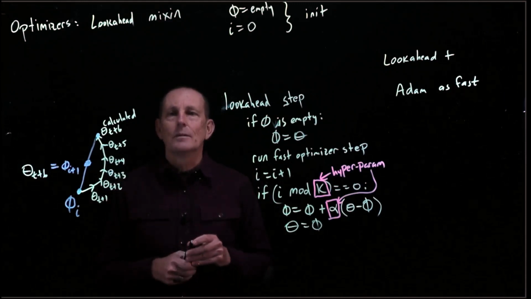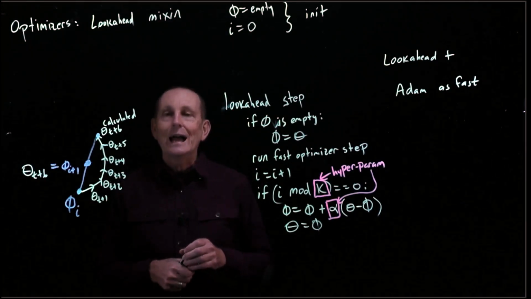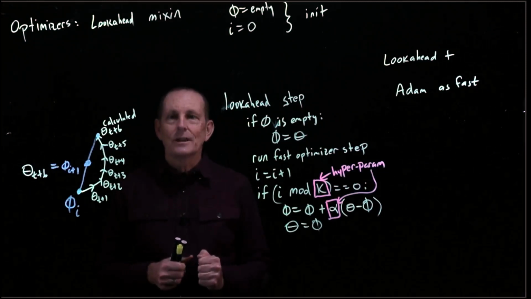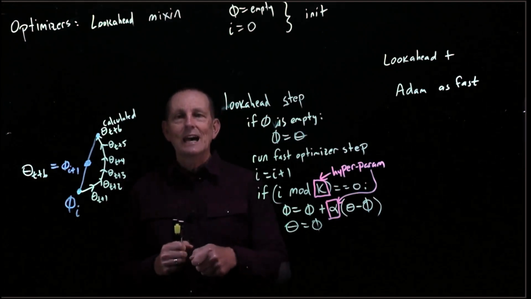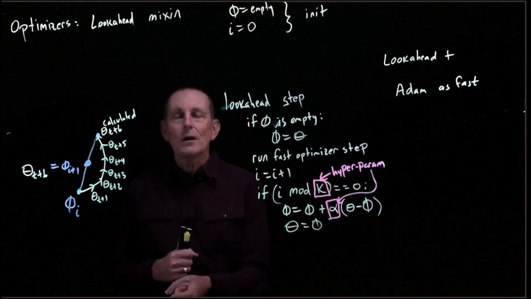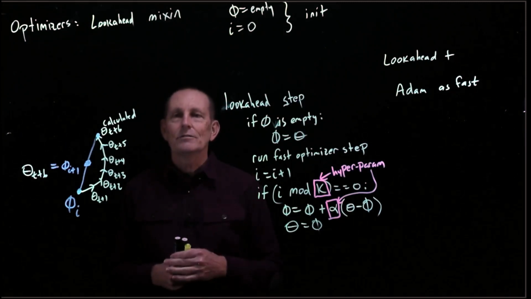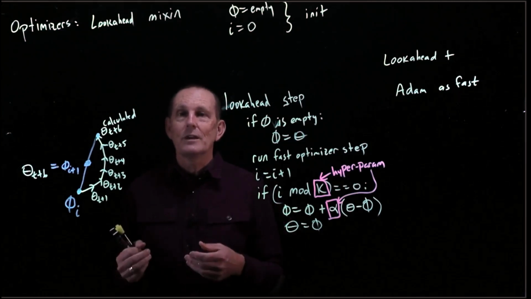Think of it as we're on a mountain and we're descending the mountain using gradient descent. However, what we do is every k steps, we're going to plant ourselves. Let's say there are two of us. One of us is going to stop and let the other one go forward k steps, holding a rope, let's say. So if they get in trouble, if they get to the bottom of a ravine, for instance, we're going to update where we are to go halfway between where we are and where they are.